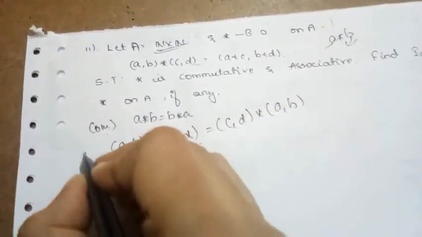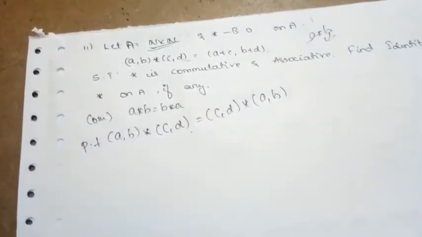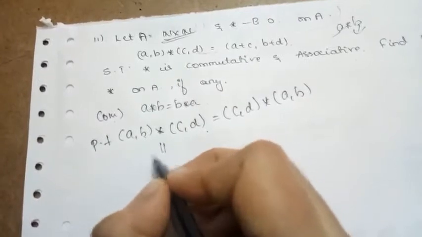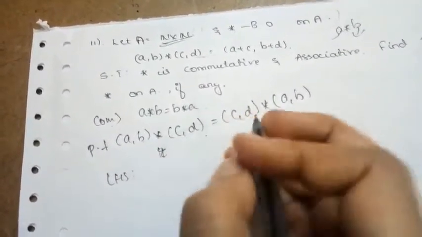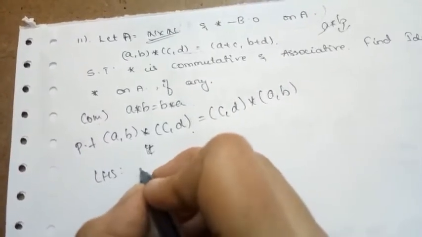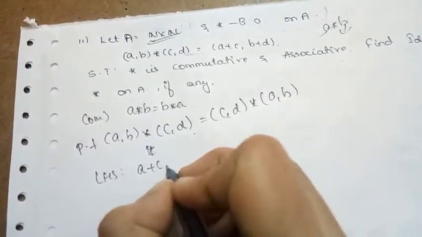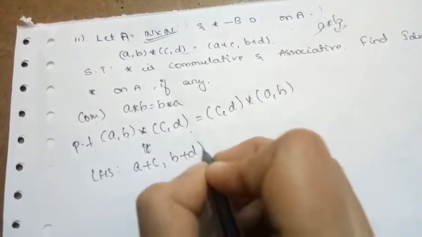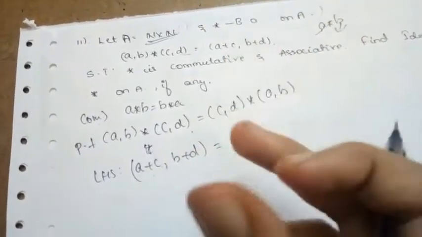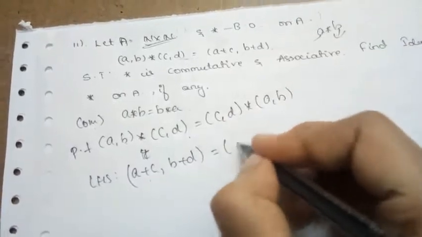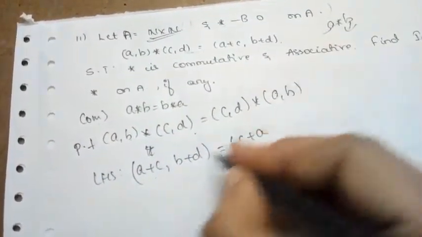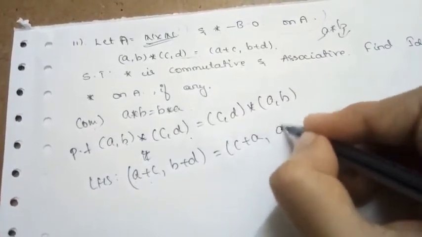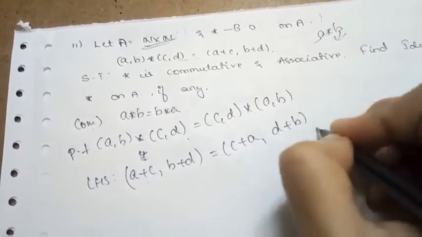This is what we need to prove to say it is commutative. Now our LHS, a comma b star c comma d, is nothing but a plus c comma b plus d. Clearly, the sum a plus c is equal to c plus a, and similarly b plus d is also equal to d plus b.